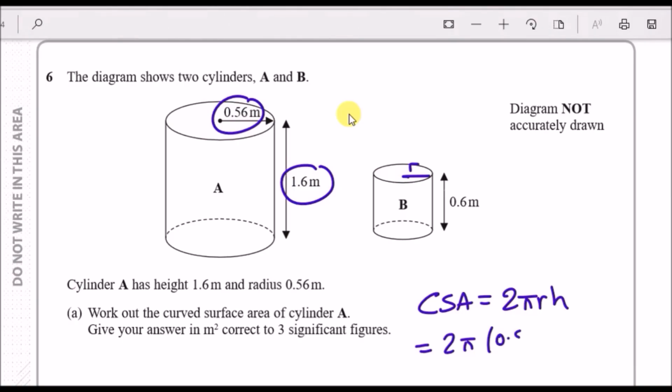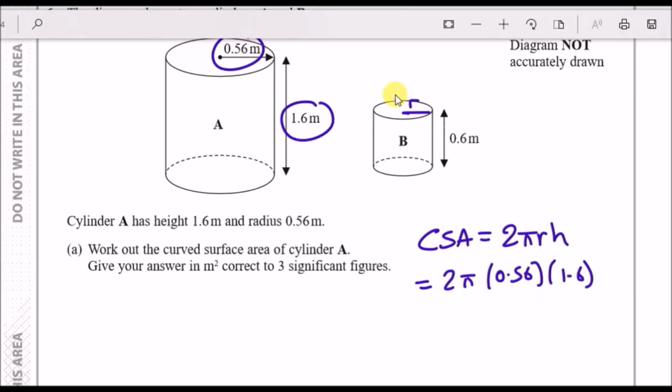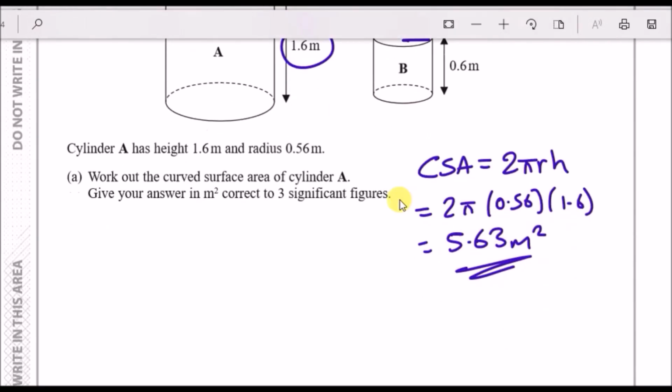So 2 times pi times 0.56 times 1.6. Giving the answer to 3 significant figures, that's about 5.63 meters squared. Easy, not much to it.